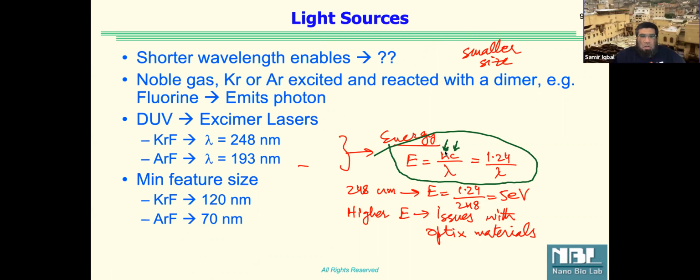If you have taken a solid state devices or electronics course, you would have known Planck's constant, right? Which is a number. Now these two are constants, so we can find a number which is 1.24 electron volt micrometer. So E, the energy of any wave, is inversely proportional to its wavelength.